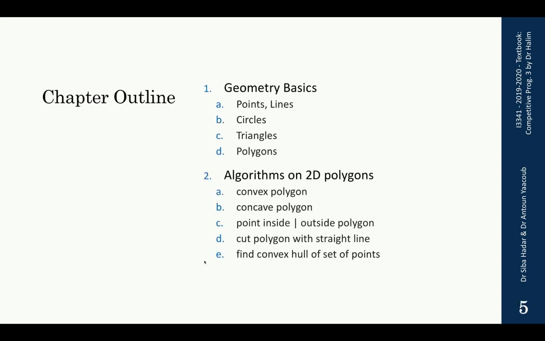Chapter outline. This chapter is mainly divided in two parts. First, we will discuss geometry basics. We will introduce a point, how we represent it, a line, a circle, a triangle, and finally a polygon, along with the main functions that deal with these types.